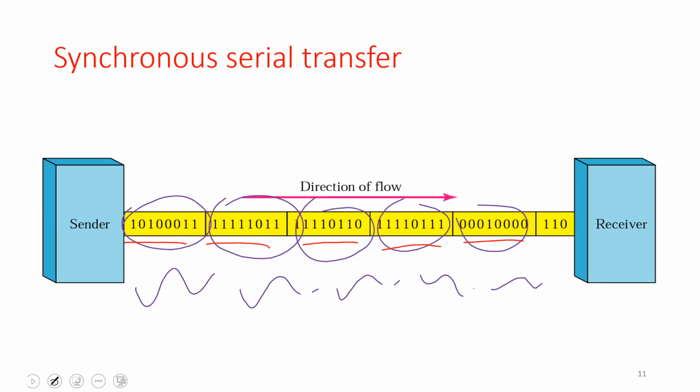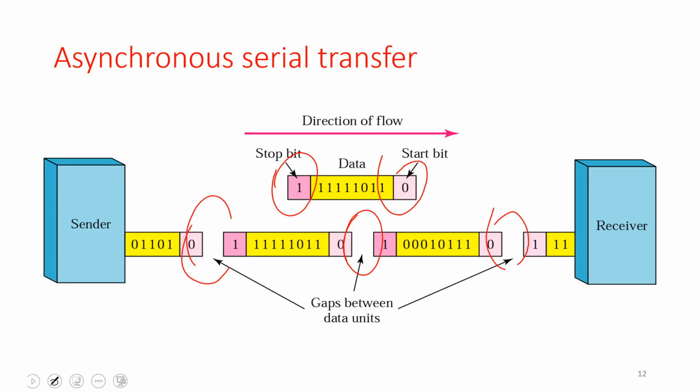In synchronous, we were always sending some data and that has to be filled with continuous data flow, whereas in asynchronous data transfer that is not the case, but we will have to demarcate the start and end of the data transfer using start and stop bits.